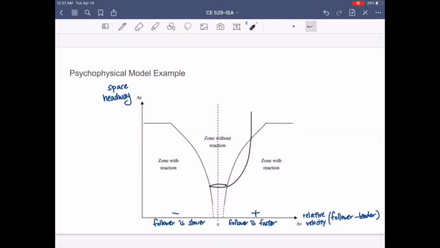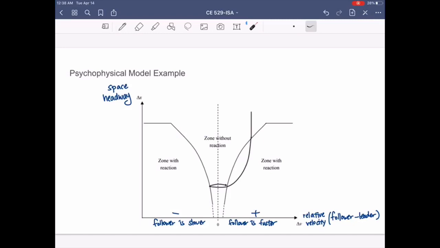This graph illustrates how the psychophysical model utilizes the thresholds to predict the follower's reaction. First, the vertical axis is the distance between follower and leader, and the horizontal axis shows relative velocity, which is calculated by subtracting leader speed from follower speed. So 0 means there's no relative speed, or the follower and the leader are moving at the same speed.